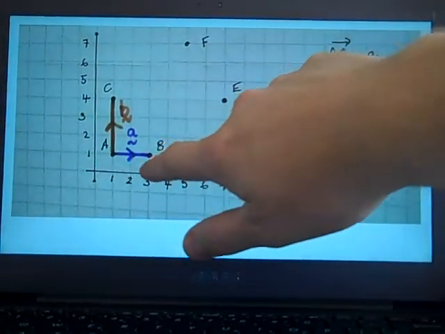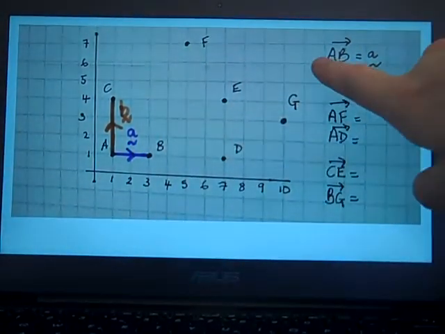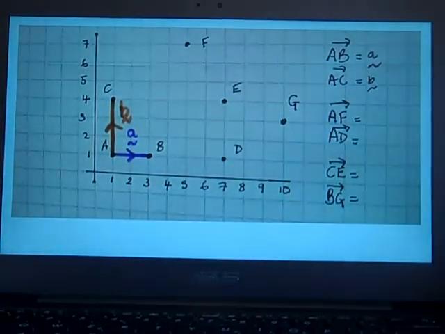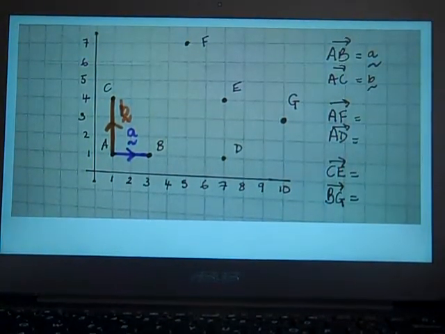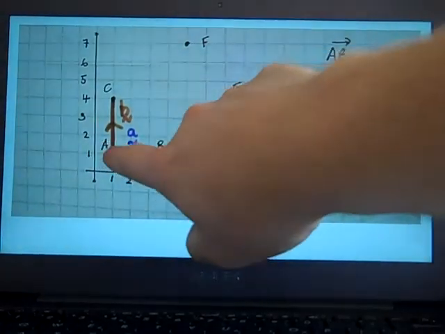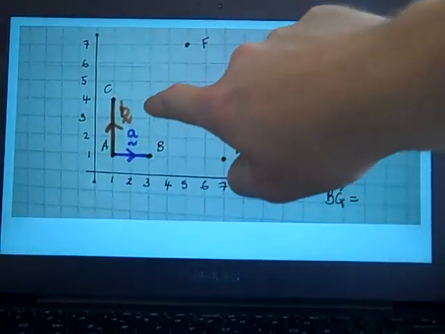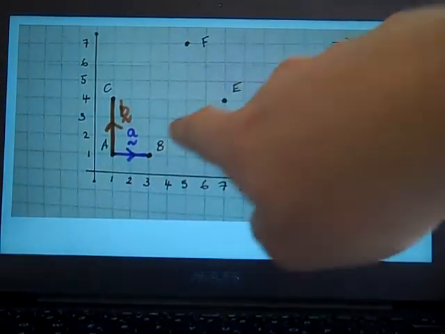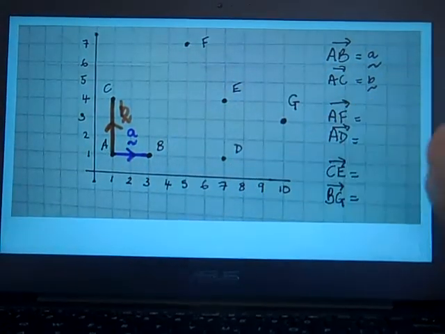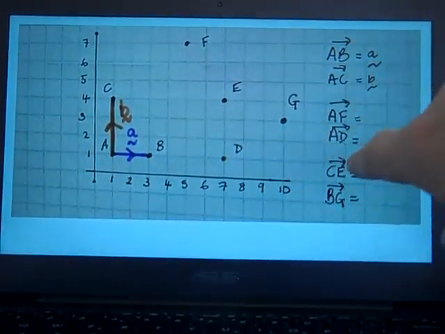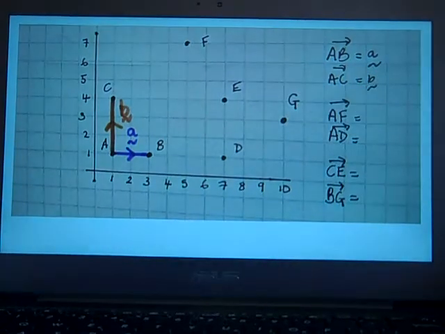So there's a going from A to B, and then b going from A to C. What we're going to work out is AF, so how we go from A to F, and AD, how we go from here to here, then CE, and then BG.